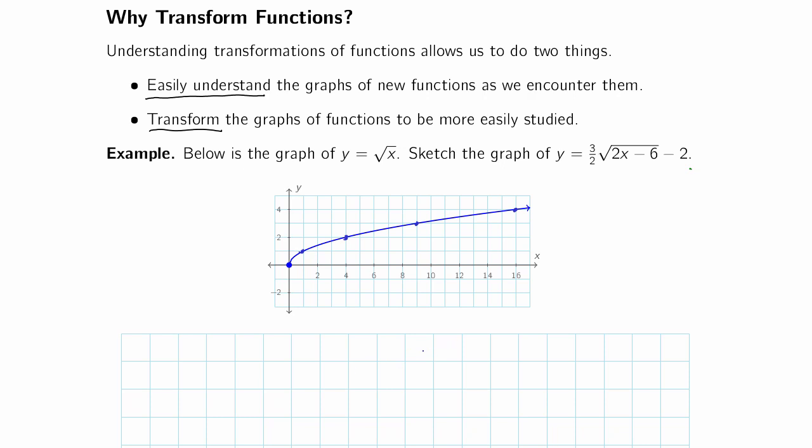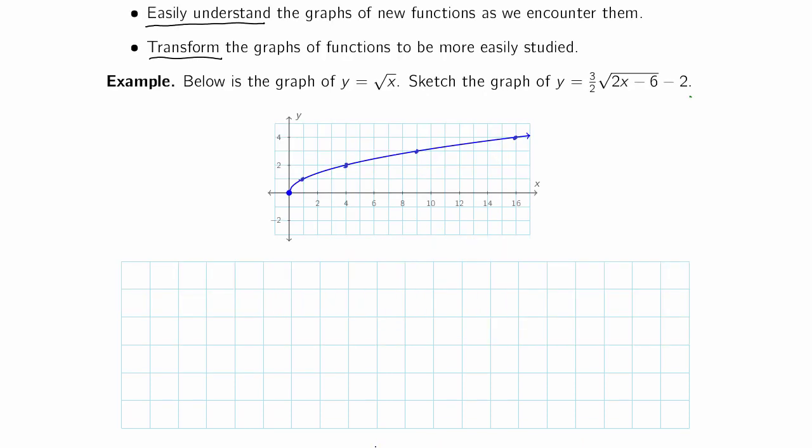So I think I'm going to use the input-output table method for this problem, just because I have a bunch of nice looking points. So my input and output, I'll have input 0 gives me output 0. And that's important because that's the special endpoint dot.